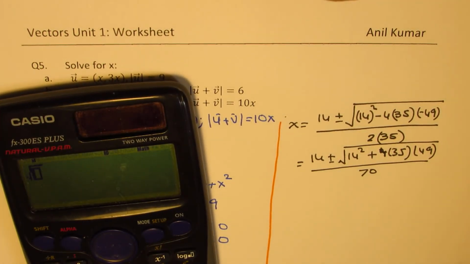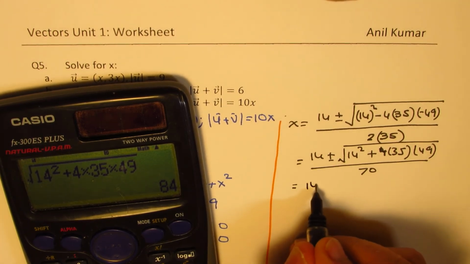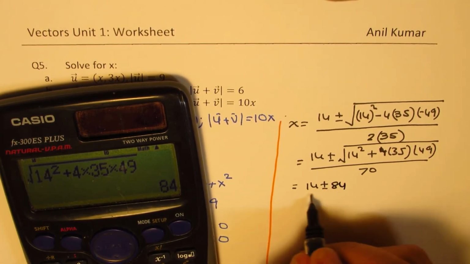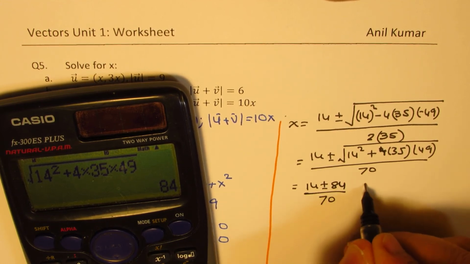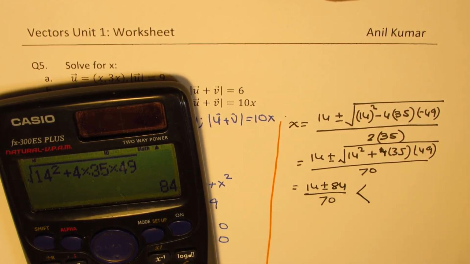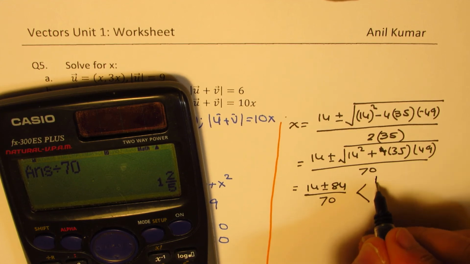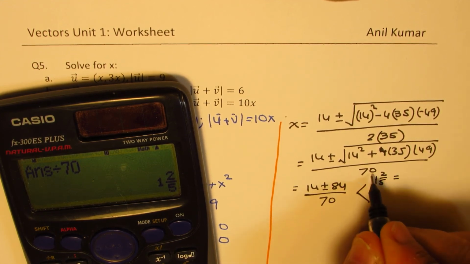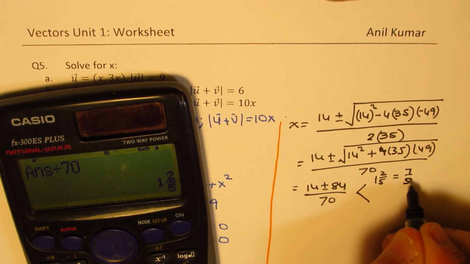So within square root, we have 14 square plus 4 times 35 times 49, and that is 84. So we can write this as 14 plus minus 84 over 70, right? So we get two solutions here. So if I do 14 plus 84 and then divide by 70, I get my answer as 1, 2 over 5, which is 7 over 5.